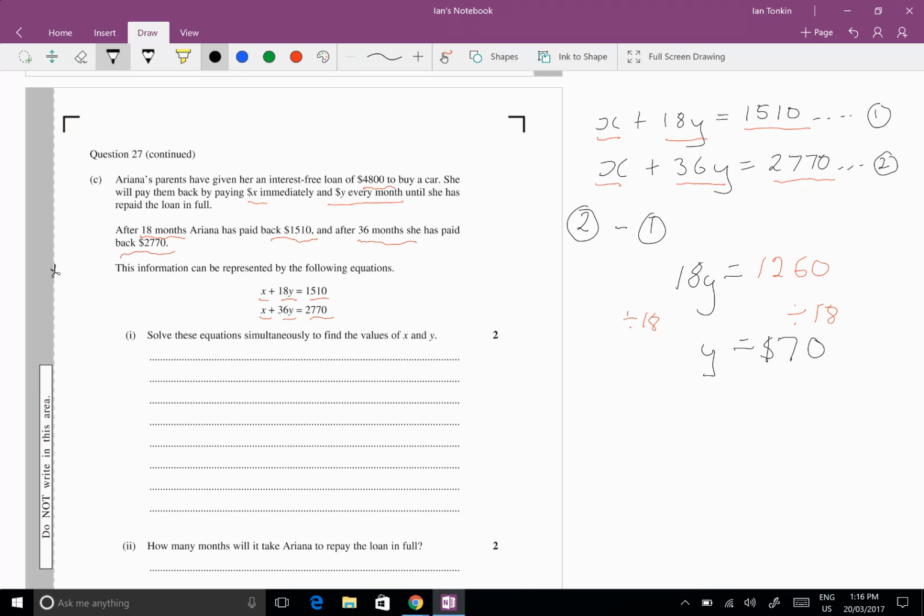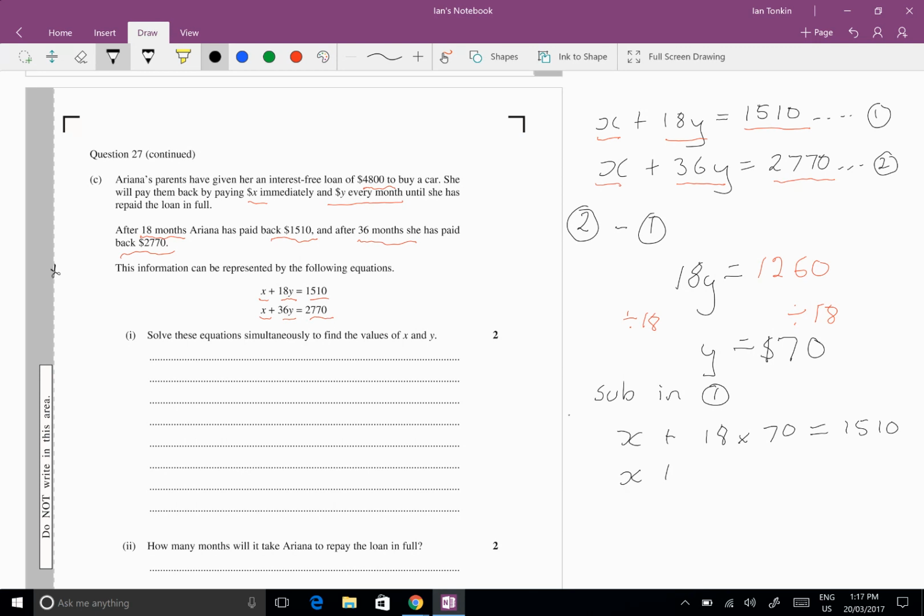Now, let's sub that y value back into either equation 1 or 2. So I'm going to sub into equation number 1. And I get x plus 18 times 70 equals 1510. So 18 times 70 is 1,260.